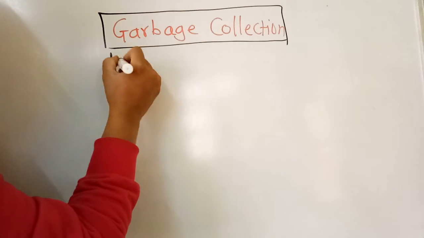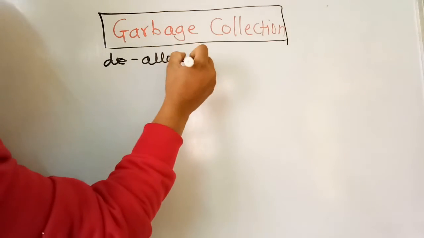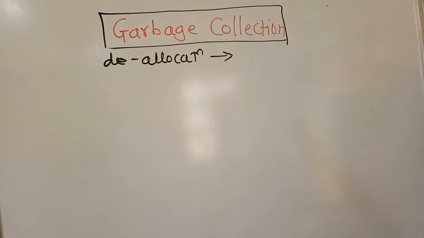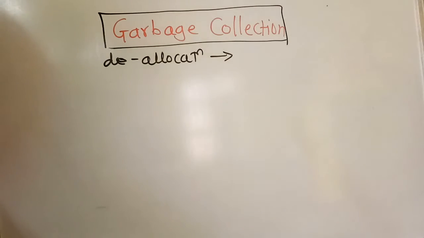Deallocation means freeing up the space required by the objects or variables by automatically identifying their use time, and then it automatically removes the memory of those things. The technique that accomplishes this is called garbage collection.